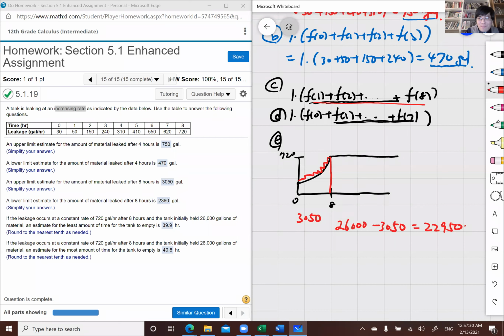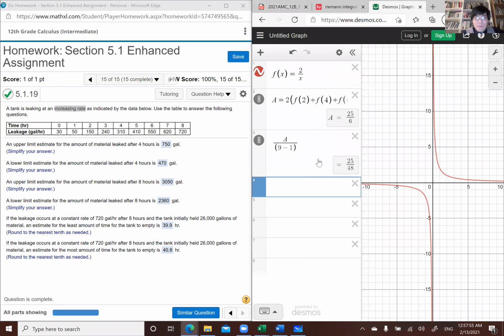Divide this by the number of hours here, which we don't know, but let's say each hour you lose 720, right? So divide by 720 to get the length here. I need a calculator.